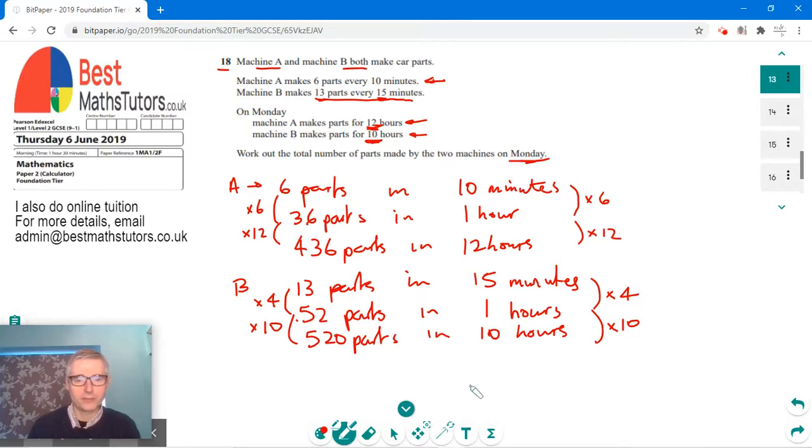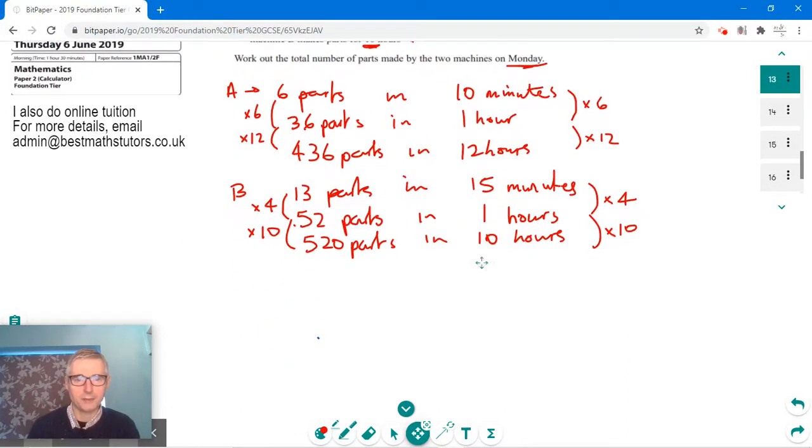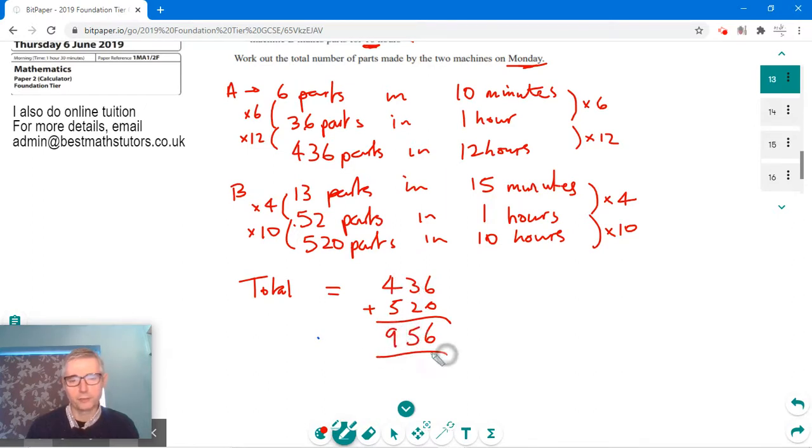Then the total is found by adding the machine A total to 520. If you're on the calculator paper, which this is, I probably would use the calculator, but I'm just going to do it adding in columns. So that's 956 parts on the Monday.